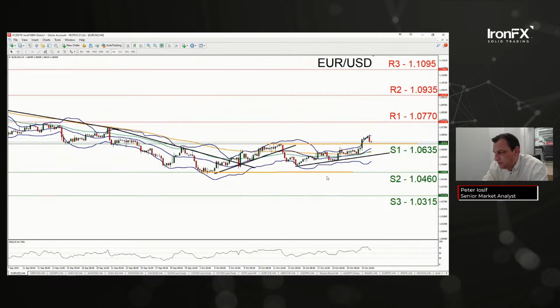However, the second element, which was quite worrying, were the preliminary PMI figures for October and specifically Germany's. Now, there was a slight improvement in Germany's manufacturing sector PMI figure. The worrying part, though, was that the figure was still deep below the reading of 50, implying another contraction of economic activity for the sector.